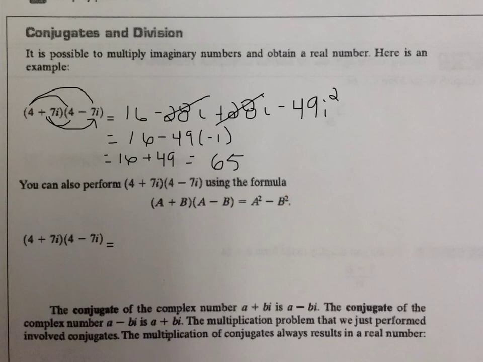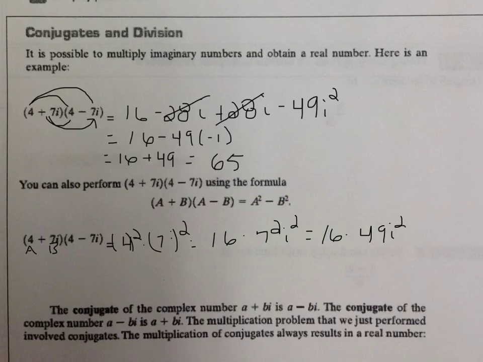And so if I use that shortcut again, my a is 4 and my b is 7i, and so I would have 4 squared minus, let me put that in parentheses, 7i in parentheses squared, which would give me 16 minus 7 squared and i squared, which equals 16 minus 49i squared. But again, i squared is negative 1.